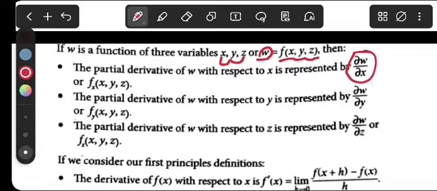Here we have the partial derivative of w with respect to x. That means we'll only differentiate x there. The remaining variables will become constants.